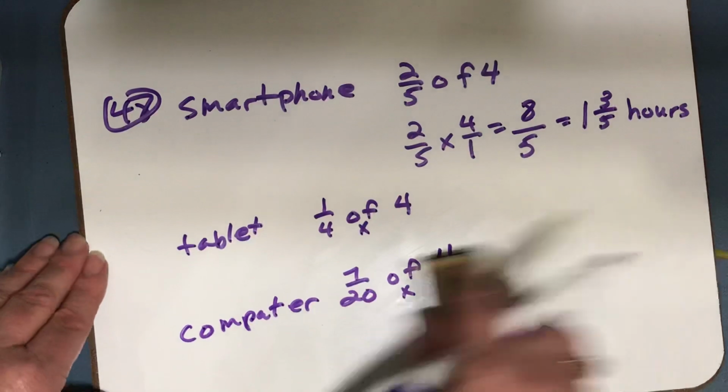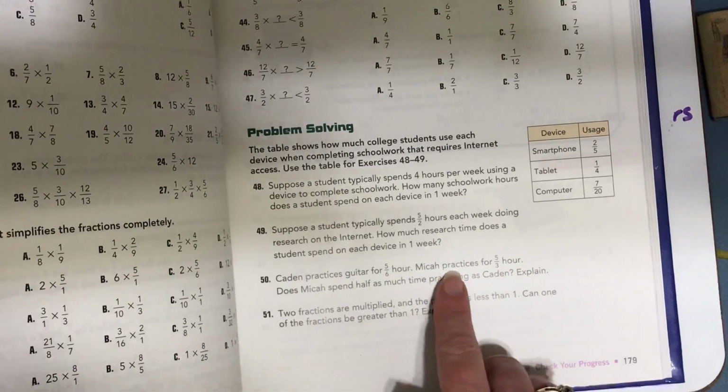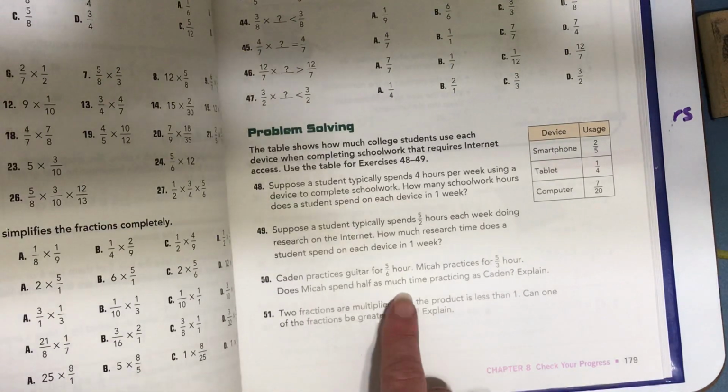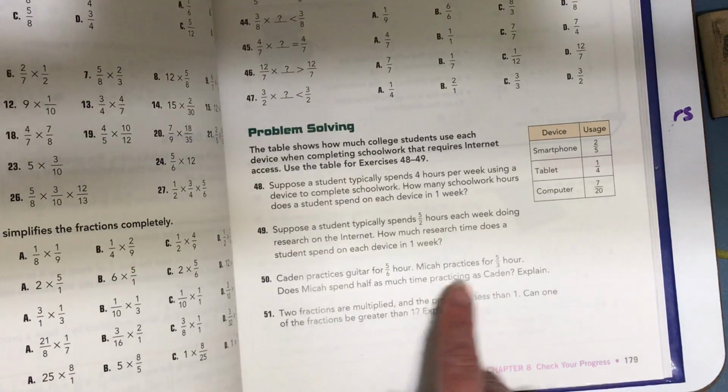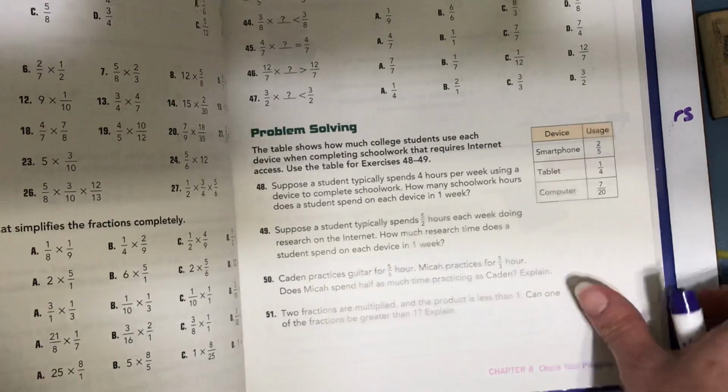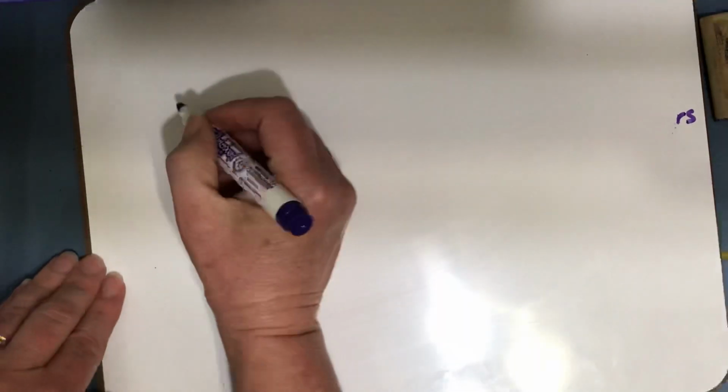And then number 50, the last one, says that Caden practices guitar for 5/6 of an hour. Micah practices for 5/3 of an hour. Does Micah spend half as much time practicing as Caden? Explain. Well, I'm going to look. We have Caden for 5/6 of an hour.